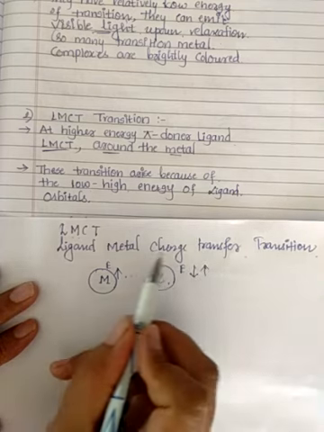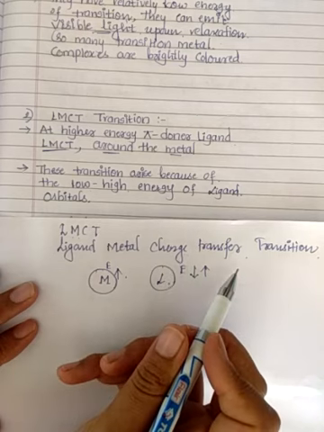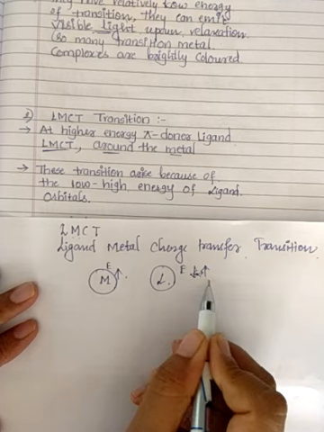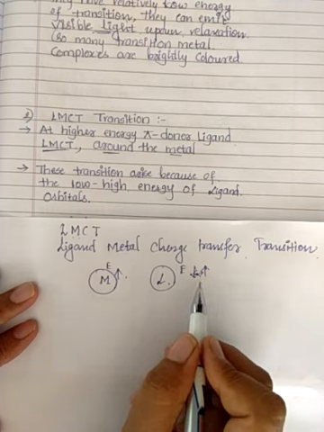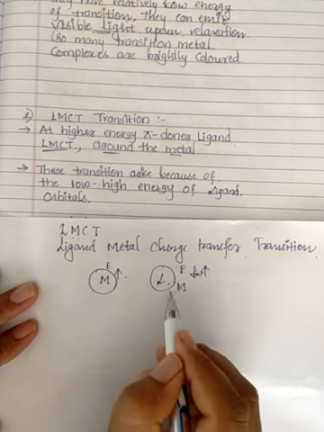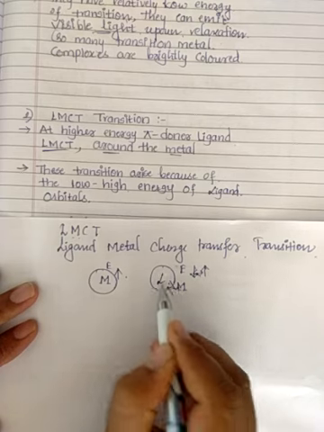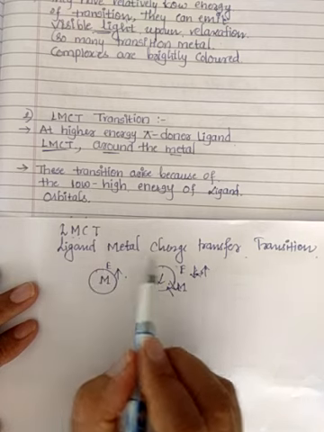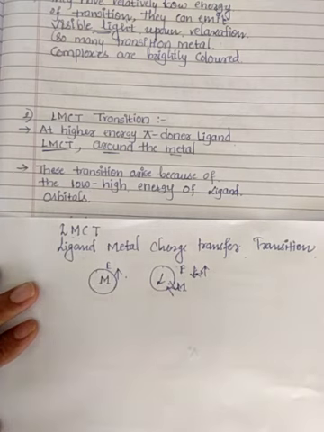These ligand to metal charge transfer transitions can happen because of the energy difference between the metal and ligand. If the energy in between these two becomes low and high, because of that a ligand to metal charge transfer transition may happen.